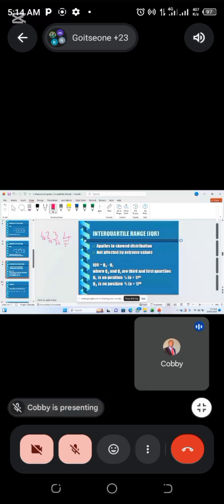So these are more like the range when you divide this data. When you add all these 25s, they will give you 100%. So we are just dividing the data into quarters.